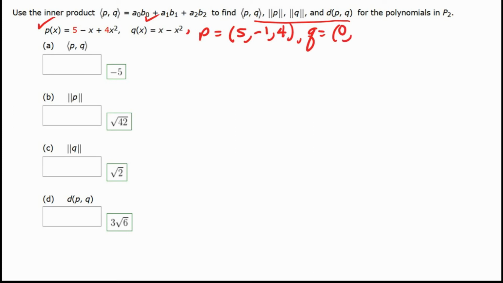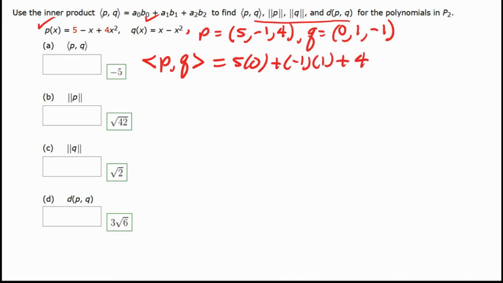Remember, there's no constant here. Then 1 and negative 1. So we look at the dot product of p and q. So this is 5 times 0 plus negative 1 times 1 plus 4 times negative 1. So it gives us negative 5.